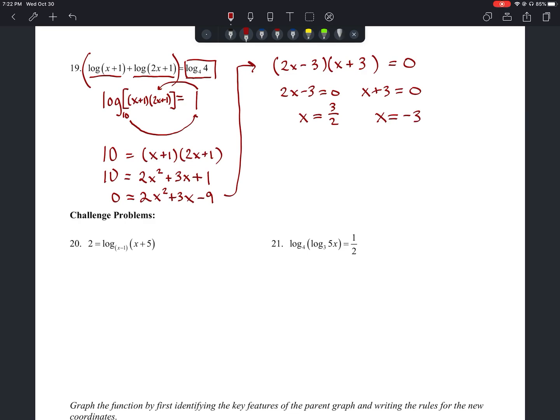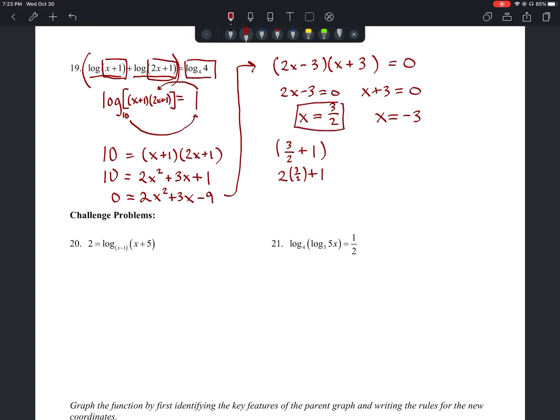And then remember, we need to take these values and plug them in to make sure that it doesn't give us a negative value in our logs here. So when I do 3 halves plus 1, or I do 2 times 3 halves plus 1 in there, we get positive values there, right? So for this one here, this one's going to work.